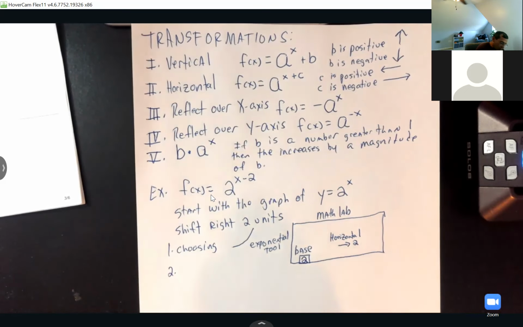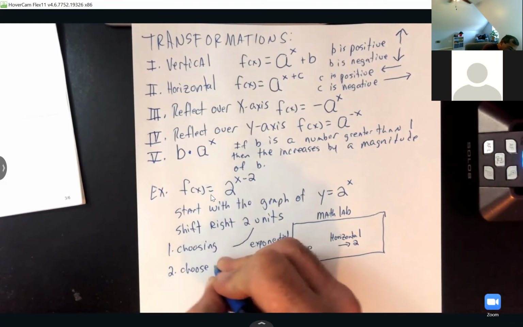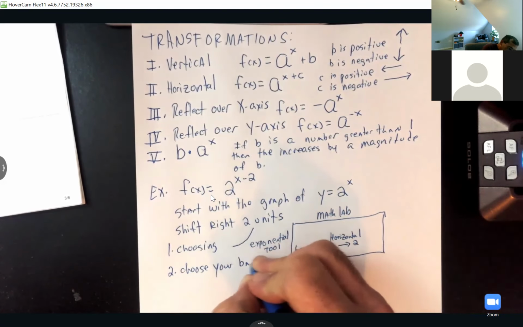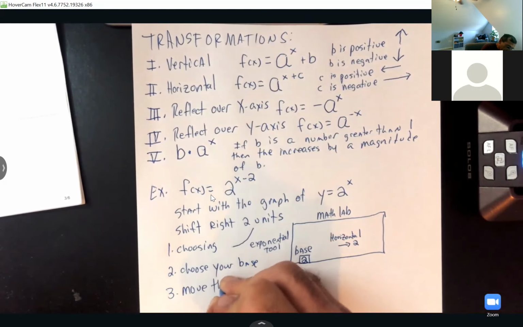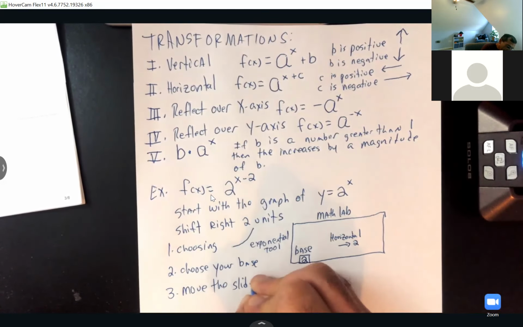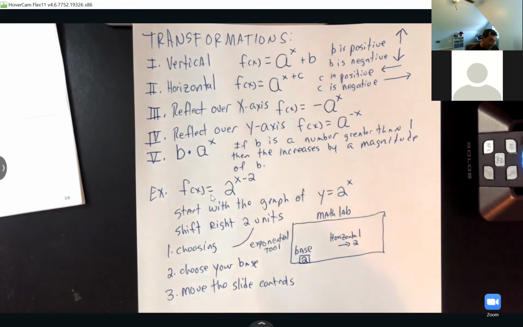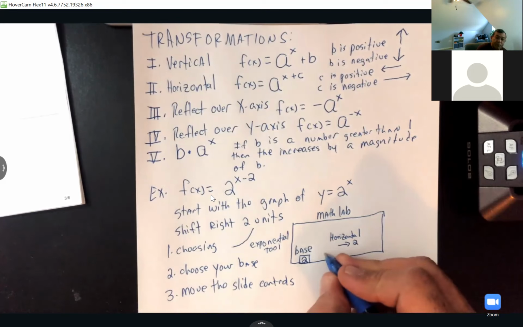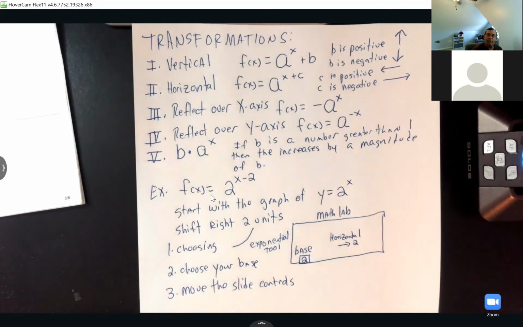Okay, so choose the exponential tool, choose your base, and then move the slide controls. Now you'll also know if I got to do any of the reflections, it'll have little boxes you check for reflecting it over the x-axis and the y-axis, okay?